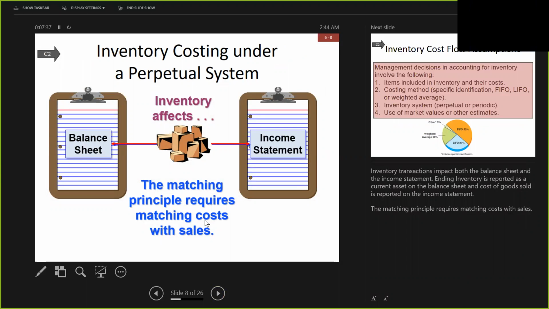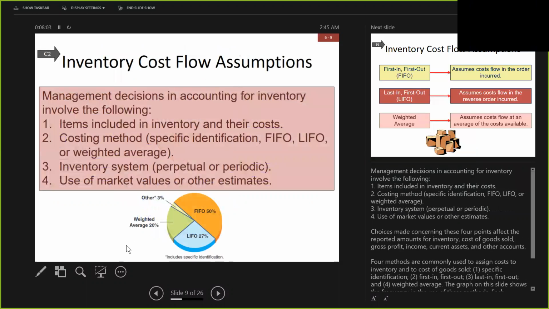So we see that we have a couple of costing systems. The first one here is the perpetual system. In the perpetual system, you'll see where inventory affects both financial statements, the balance sheet and the income statement. And the matching principle requires that we match costs with sales.